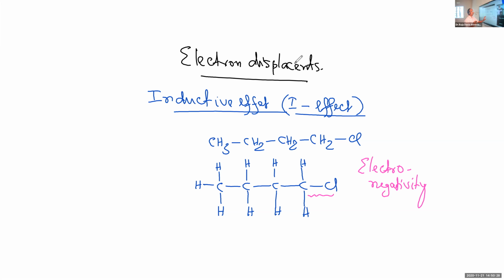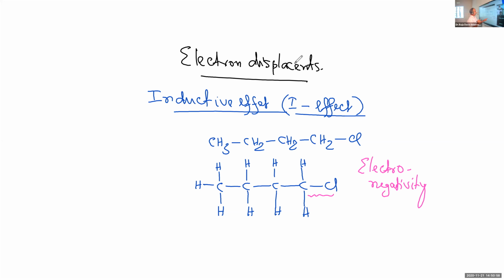Now you come to the carbon-chlorine bond. In the carbon-chlorine bond also there is a pair of shared electrons. And both the atoms, carbon as well as chlorine, will be attracting the electrons with their own power. In other words, chlorine and carbon have their own electronegativity values.